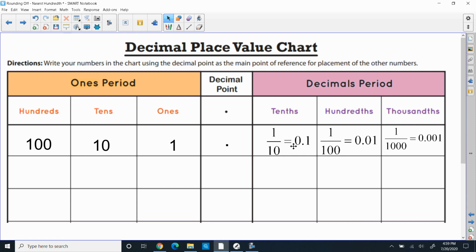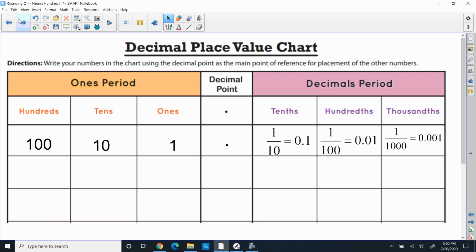Notice the value of those: 1/10 is 0.1, 1 over 100 is 0.01, and 1 over 1,000 equals 0.001. We're going to be memorizing these place values because we're talking about the hundredths. It's the second number in our table after the decimal point. So we need to know that tenths is the first, hundredths is the second, and thousandths is the third.